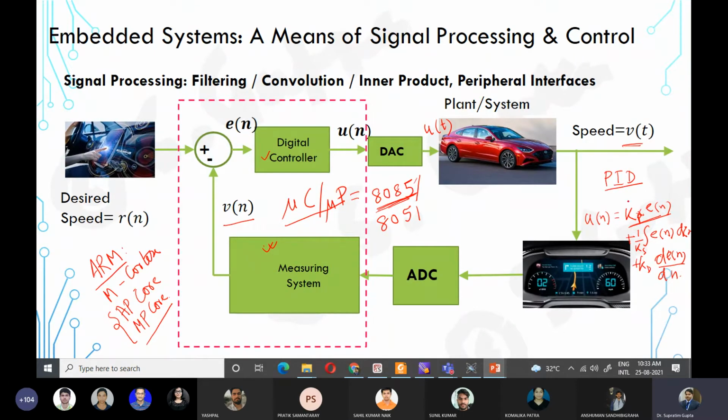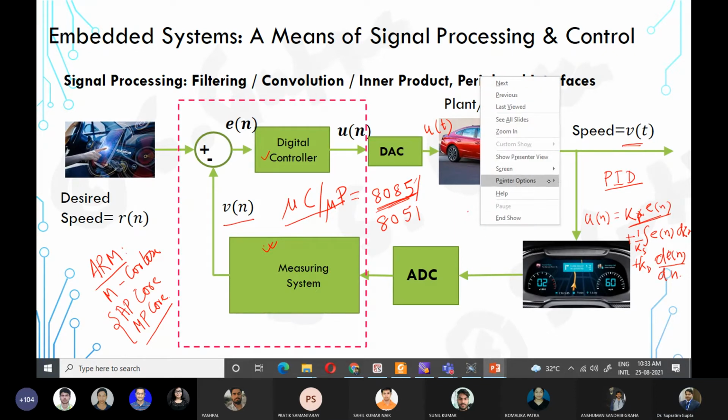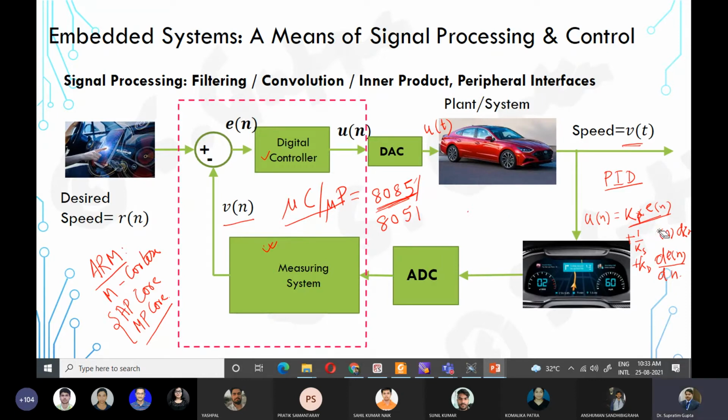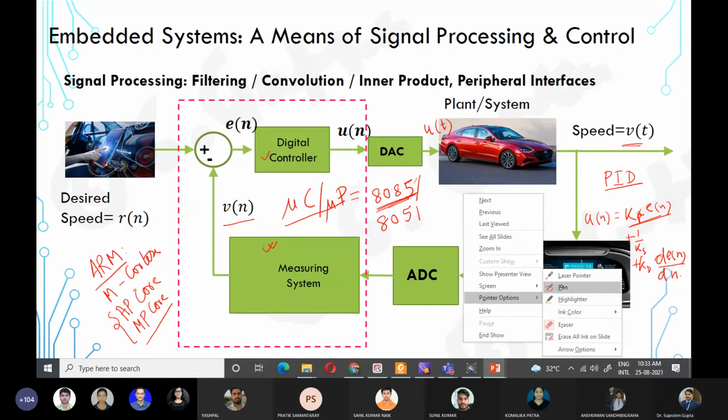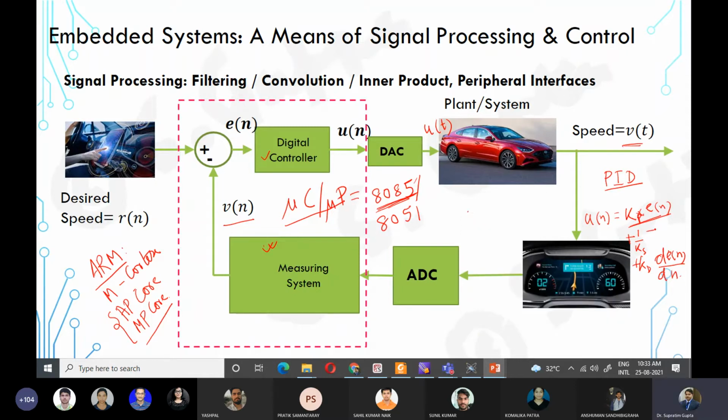So here, while we are doing this, since this is in the digital domain, instead of integration we will be doing this summation operation, okay? And then these differentiations we can do using the difference equation.